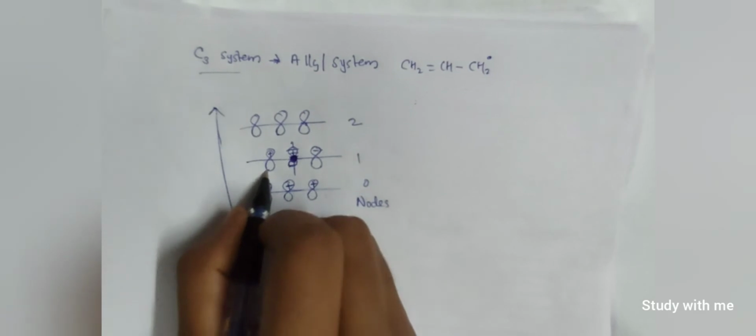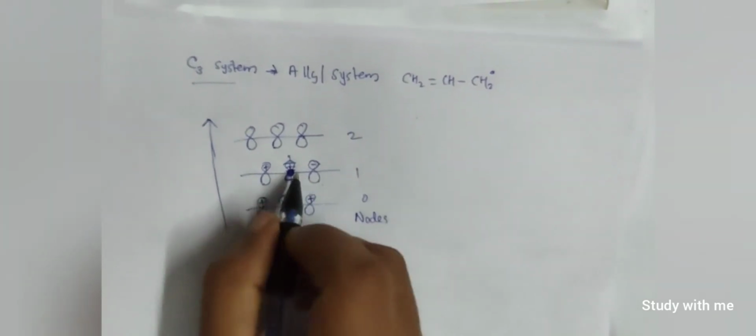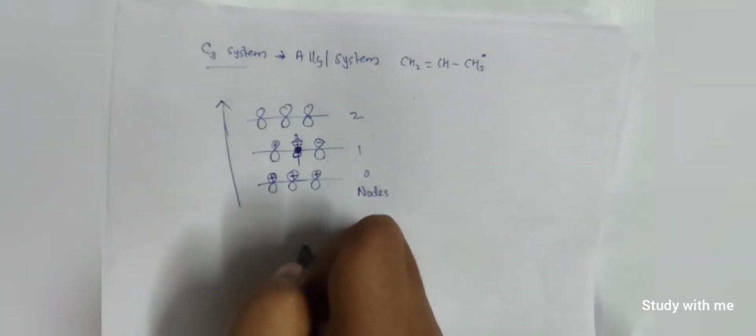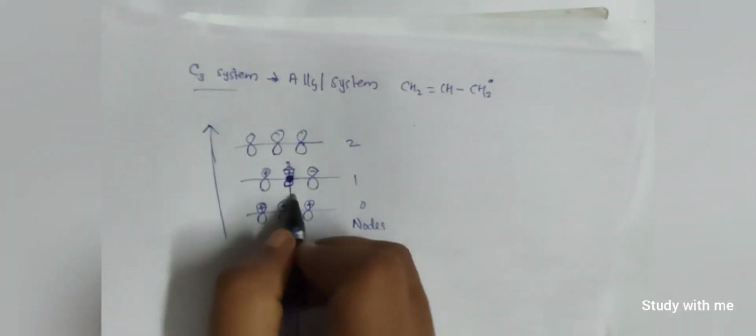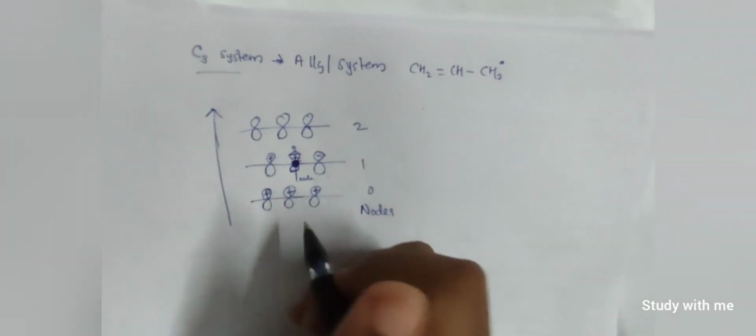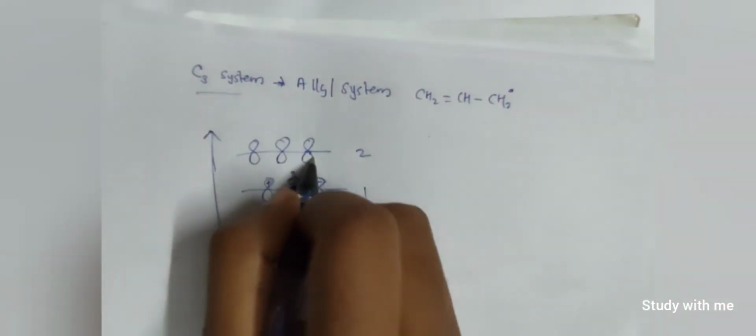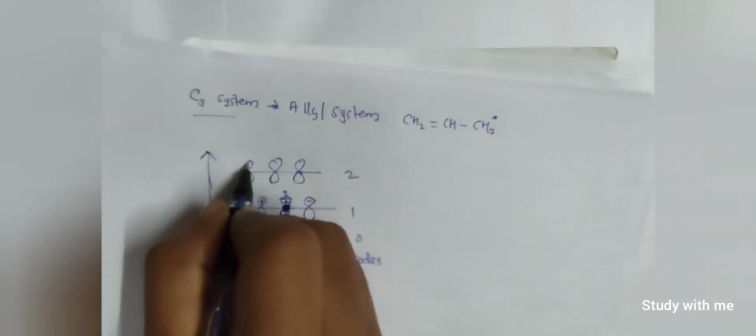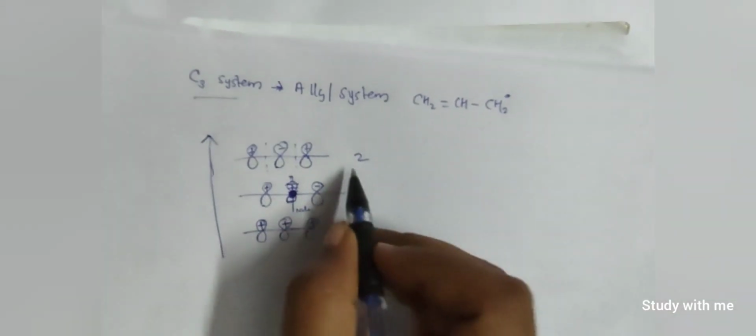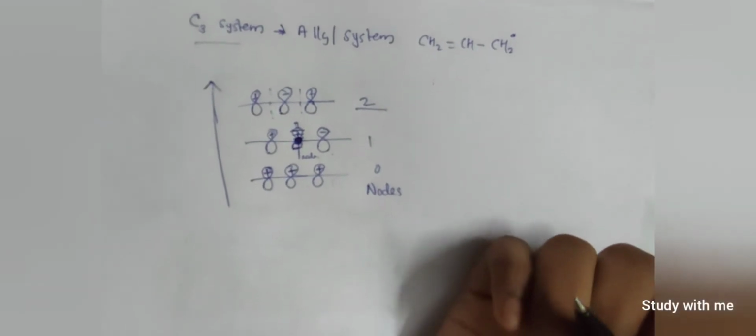So here only two molecular orbital lobes will be here, and this dot will be considered as the node. And in the third one, we know that this will have alternate signs, that is positive, negative and positive, and all this will have nodes. So there are two nodes here, and now we have to put electrons into it.